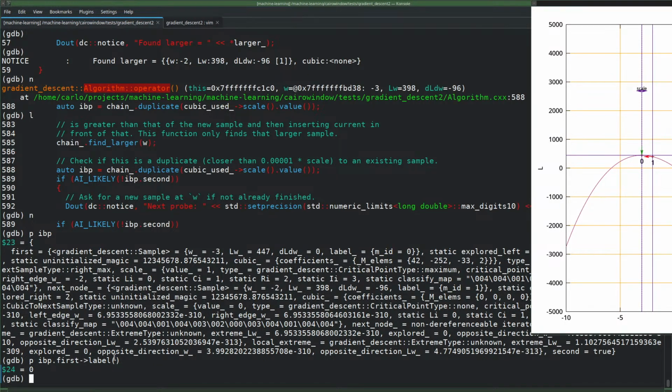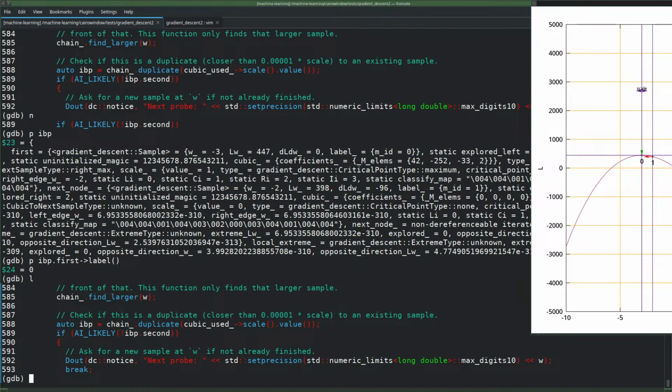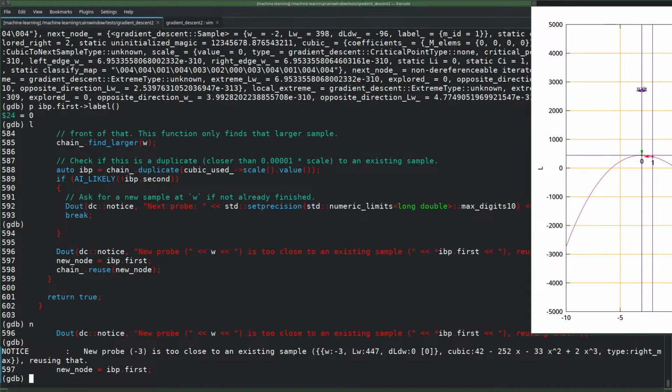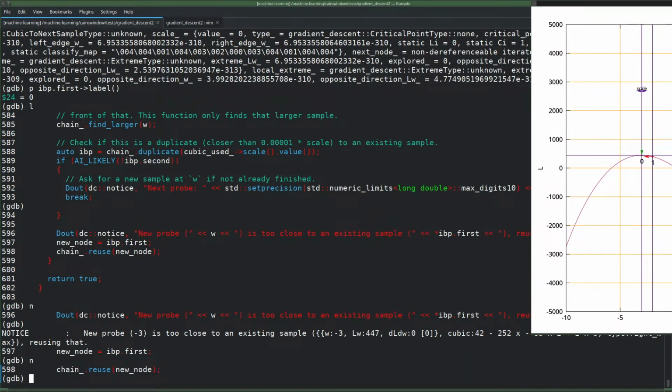Okay, so to find the duplicate in 0. So we're going to reuse 0 now and then re-enter the algorithm without inserting it.